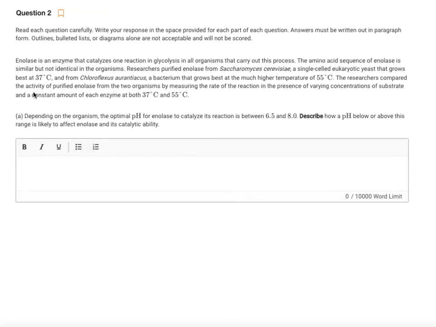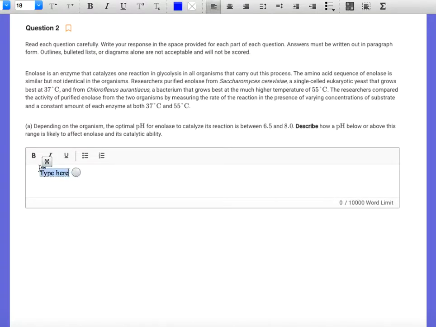Okay, so nothing directly about this because it's talking about temperature. This is pH, but as you guys know, it can definitely affect the activity of an enzyme because each enzyme has an optimal range of conditions, which can include things like temperature and pH.